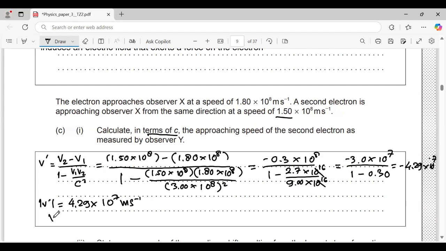So Vxn is equal to 4.29 times 10 power 7 over 3.0 times 10 power 8 meter per second. It's meter per second, so if you divide, the result is 0.143 C.